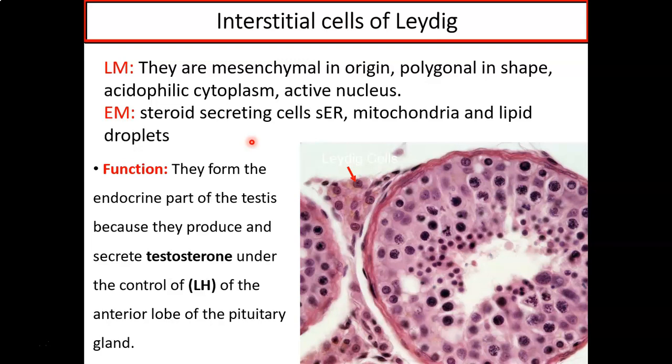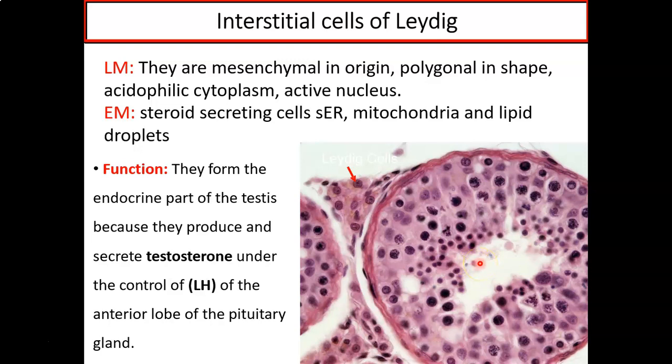The spermatogenic cells are divided into 5 types of cells: spermatogonia, primary spermatocyte, secondary spermatocyte, spermatid, and cell number 5 is the spermatozoa or the sperm.